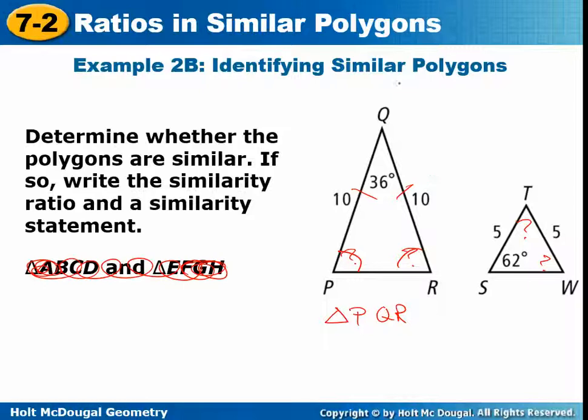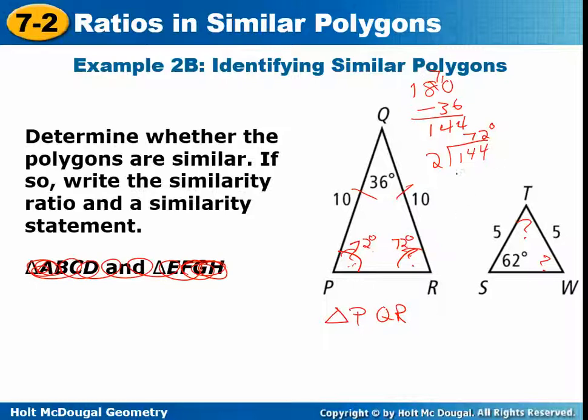So I know there's 180 degrees in a triangle. I've already used up 36 of those. So 180 minus 36 is 144. Well, that's shared between these two. So if I just divide by 2, I will find the measure of angle P and of angle R. So that's 72 degrees. So this one's 72, and this one's 72.